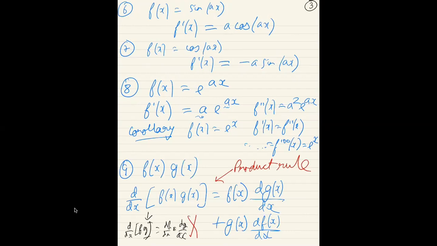If you design an aeroplane based on this formula, the airplane will probably crash. It's a bad idea to use this one. This is the correct formula, where you hold one function constant and differentiate the other one. And I will post some online material going into the details of why this rule is actually valid. Where does it come from? For now, I'm going to skip it.